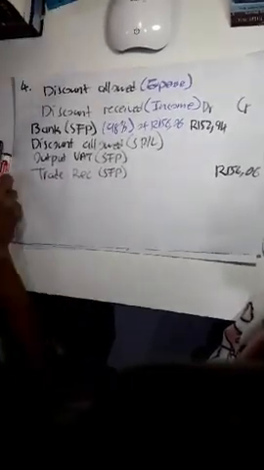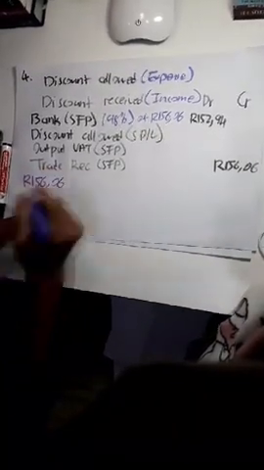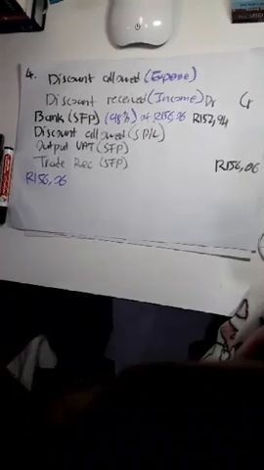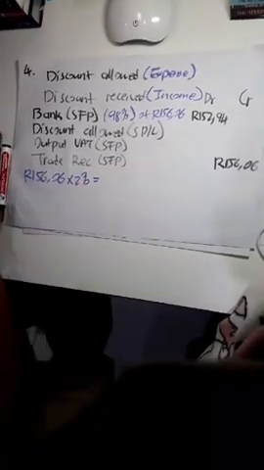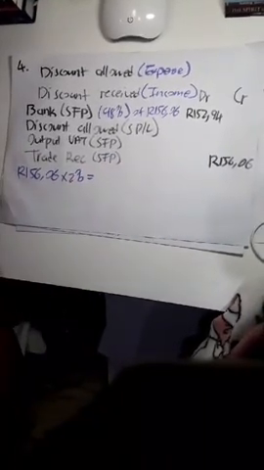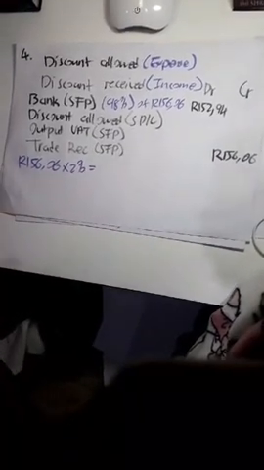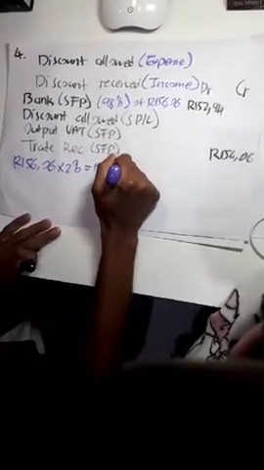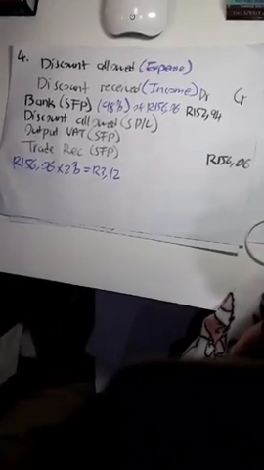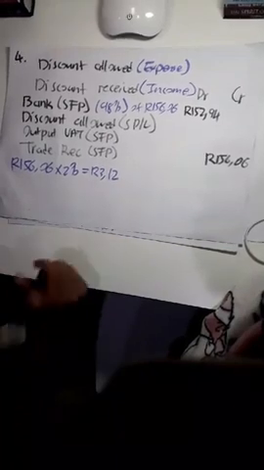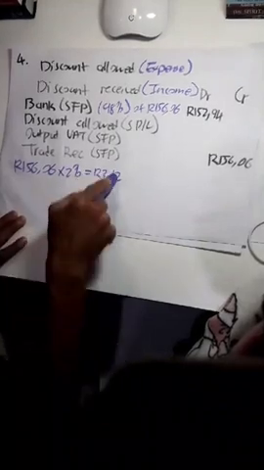Now the 2%. Look at this, guys. You have 156.06, which is inclusive of VAT. You multiply by the 2%, because now we are looking for the discount. 156.06 multiplied by 2% gives you a discount of 3 Rand 12 cents. Remember I told you, if the amount is inclusive of VAT, the answer will be inclusive of VAT.